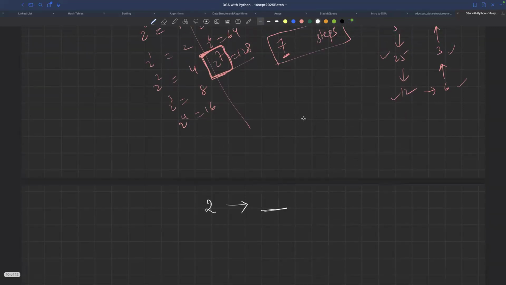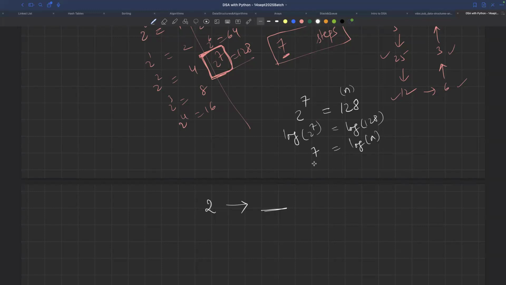If 2 to the power of 7 is 128, then if you take log of both sides, because this 128 is actually n, you take log of 128, then here you will get 7 is equal to log of n. So the number of steps is 7, which is log of n. So the reverse of 2 to the power of something is taking log.